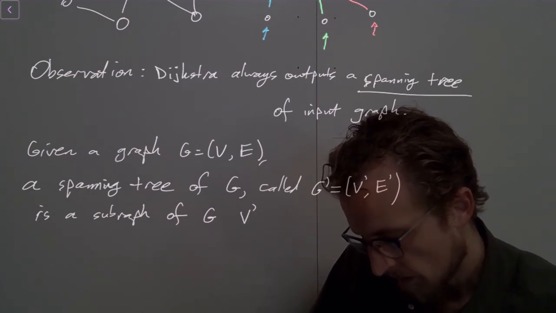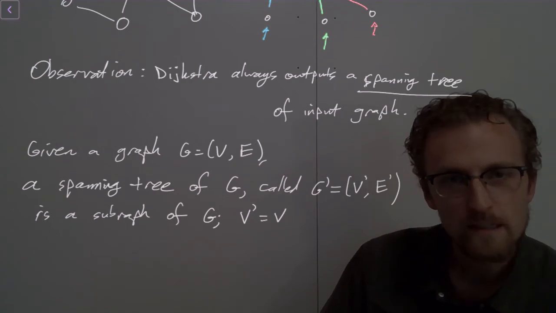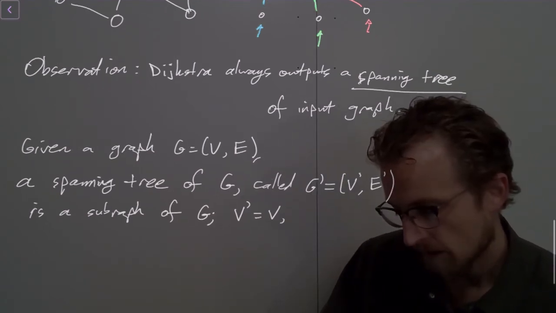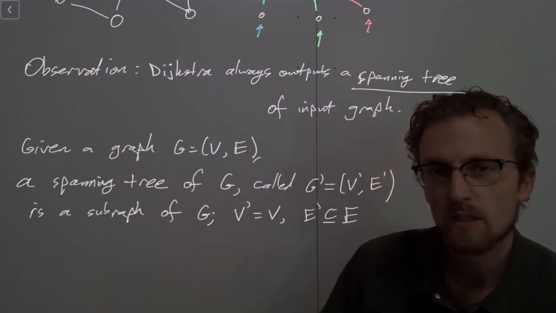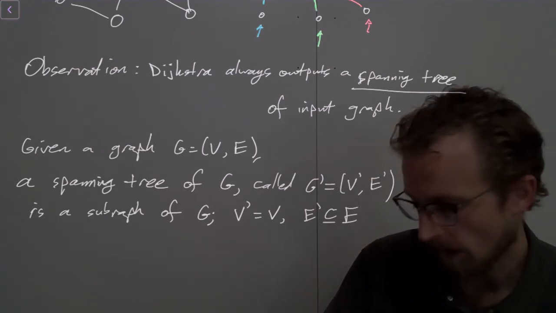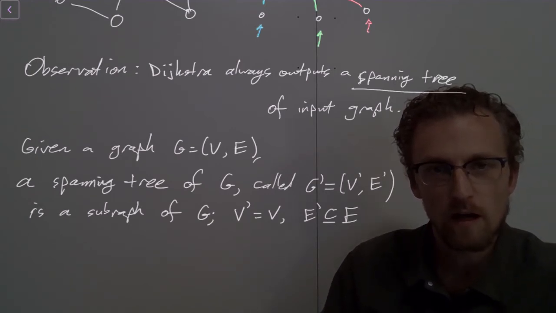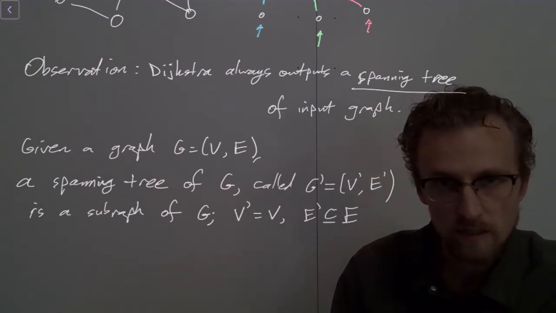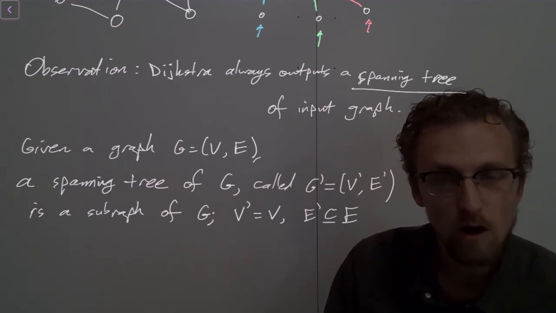V prime equals V, right? So it contains exactly the same nodes. And E prime is a subset of E, right? So the subgraph cannot contain any new edges that don't exist in the original graph. And then the thing that makes this a spanning tree and not just a subgraph is that it's a tree that is connected to all the different nodes.